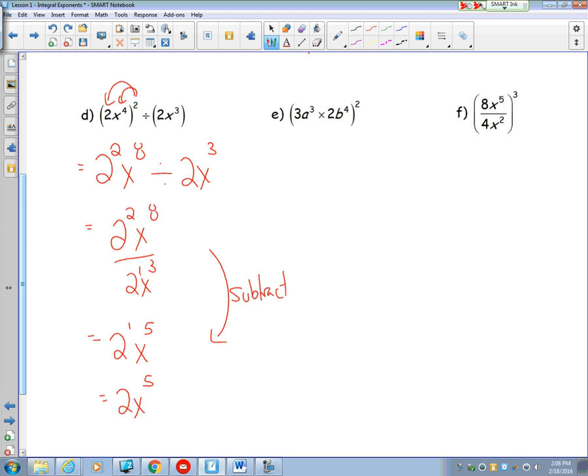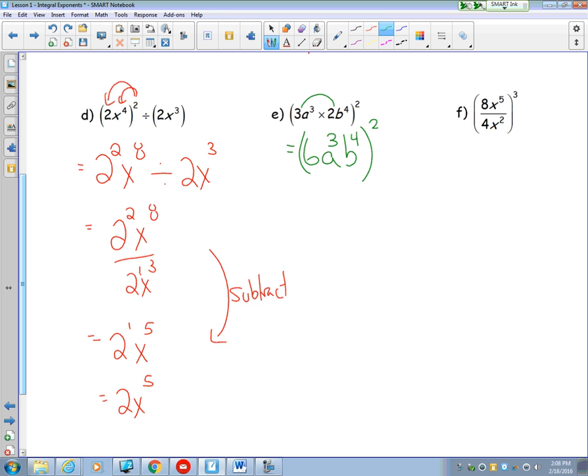Okay, let's try E. What do I see with E? Inside the bracket, can I do anything with that? Not really. They're not the same bases. Okay, I've got to go BEDMAS rules. BEDMAS says let's figure out what the brackets are first. So let's multiply this together. What is 3a to the 3 times 2b to the 4? Well, 3 times 2 makes 6. And since my letters are different, I can't put them together. I literally write them beside each other.